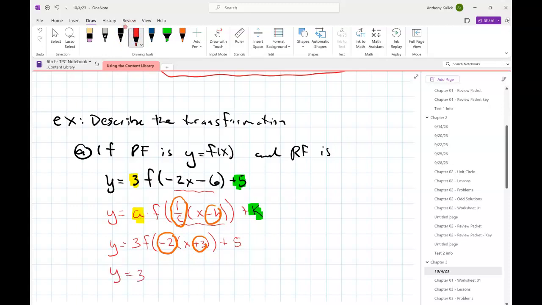So how can I rewrite negative 2 as 1 over something? Well, 1 over is the reciprocal, right? What's the reciprocal of negative 2? Negative 1/2. So I'm going to write negative 2 as 1 over negative 1/2.